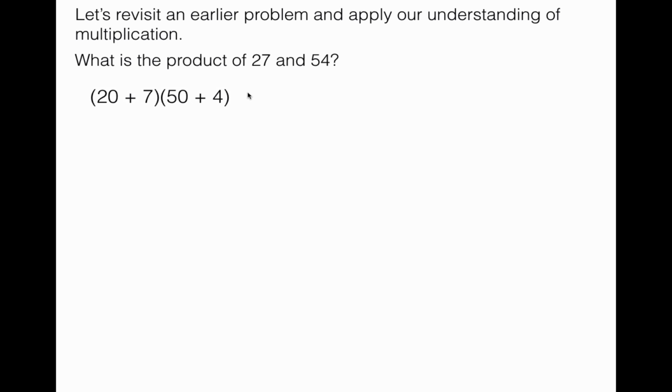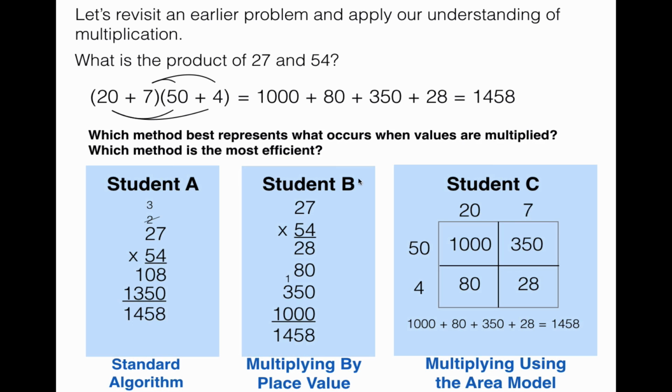Now, how would we go about multiplying 27 times 54? If you notice, we're probably going to use this property that we just derived. We're going to distribute the 20 and the 7 to the 50 and the 4, and now we completely understand why we're doing that. And that gets us 1,458.